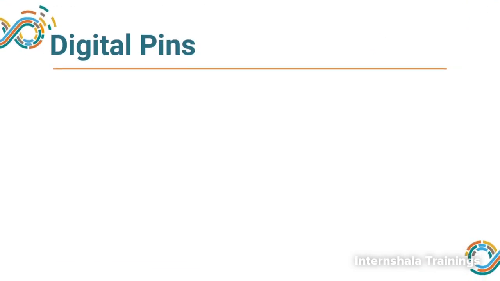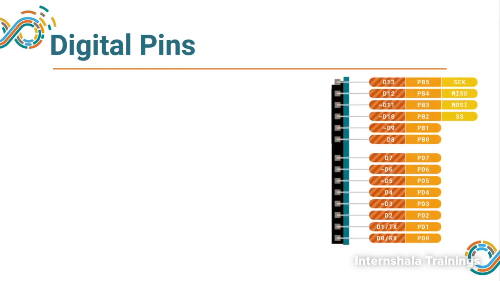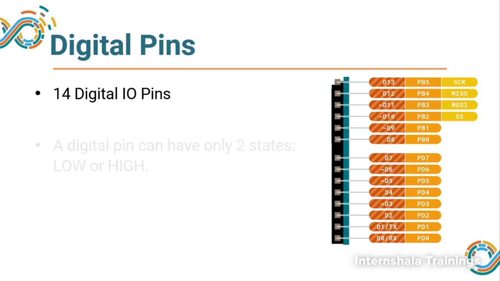Then we have digital pins. They are on the right side of the board. They are numbered 0 to 13, so D0 to D13, these are the 14 digital pins. Some of them are used for some other kind of communication also, but primarily they remain as digital input output pins.